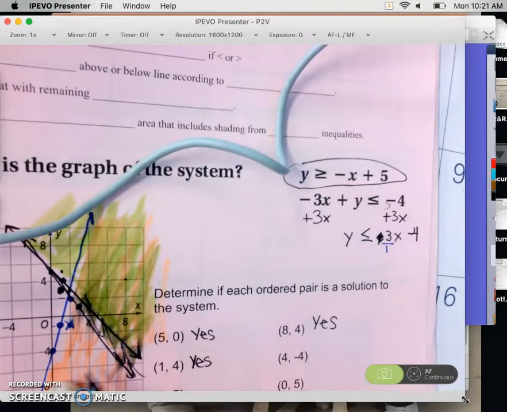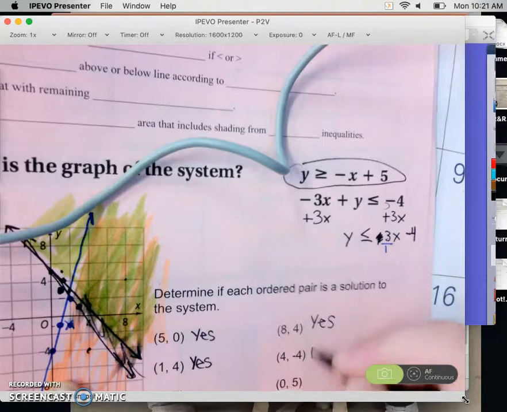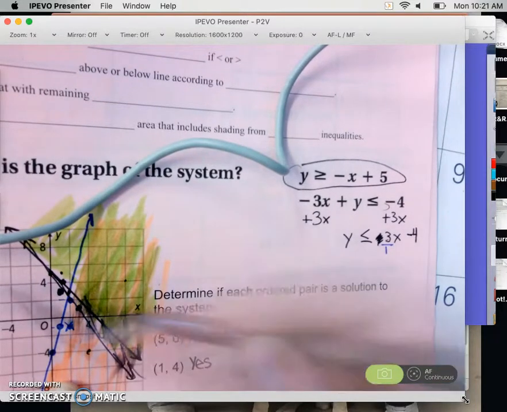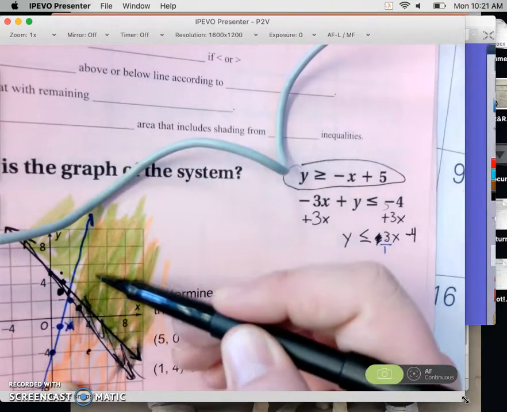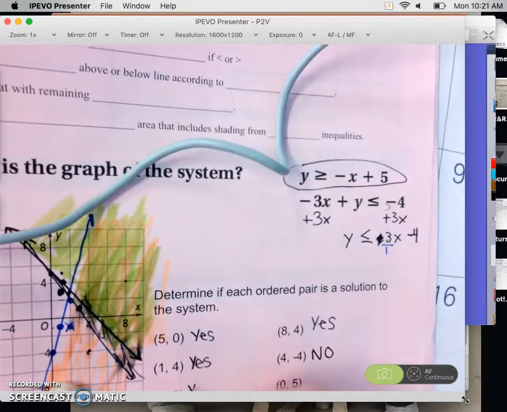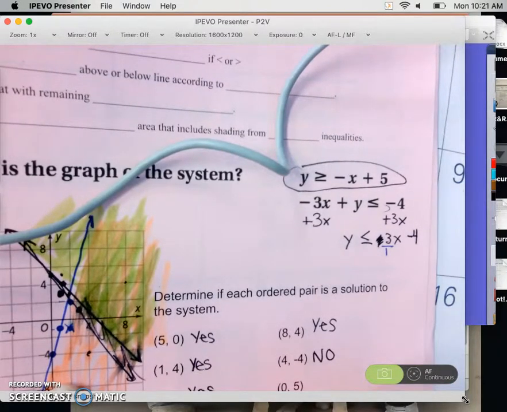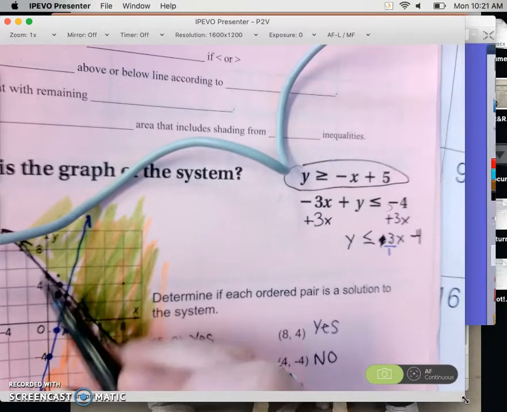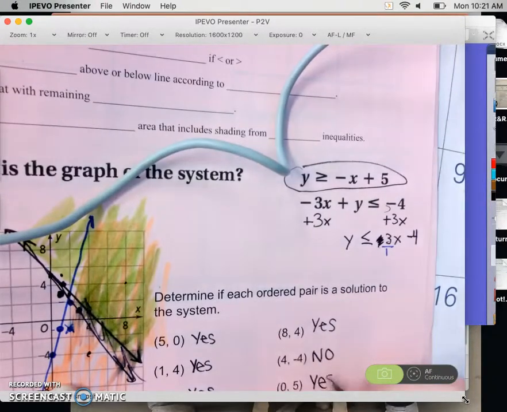Over to 4 and down to -4, that would be no. 5, 5 would be 5 and then up to 5, yes. 0, 5, so 0 and then up to 5 would be a yes also.